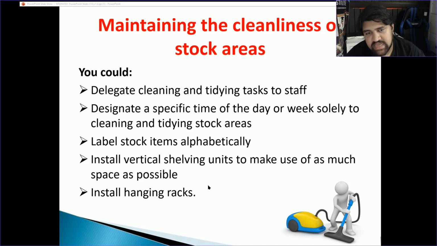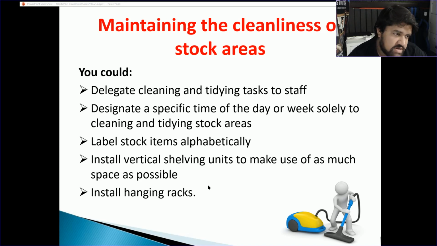Maintaining the cleanliness of the stock areas. So we could delegate cleaning and tidying tasks to staff, designate a specific time of day or week solely to cleaning and tidying stock areas, labeling stock items alphabetically, install vertical shelf units to make use of as much space as possible, install hanging racks from ceilings. So we want to use the storage space optimally.